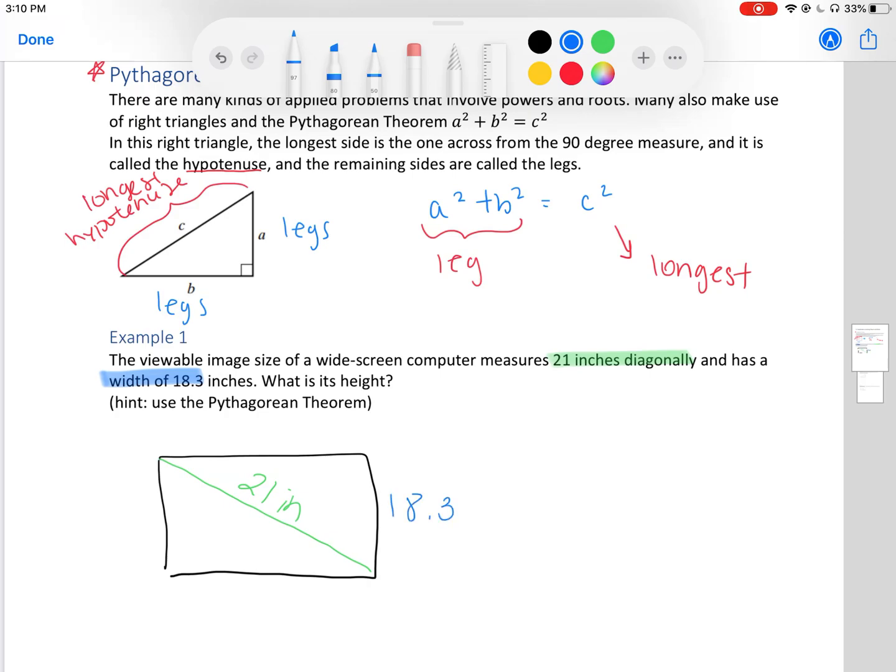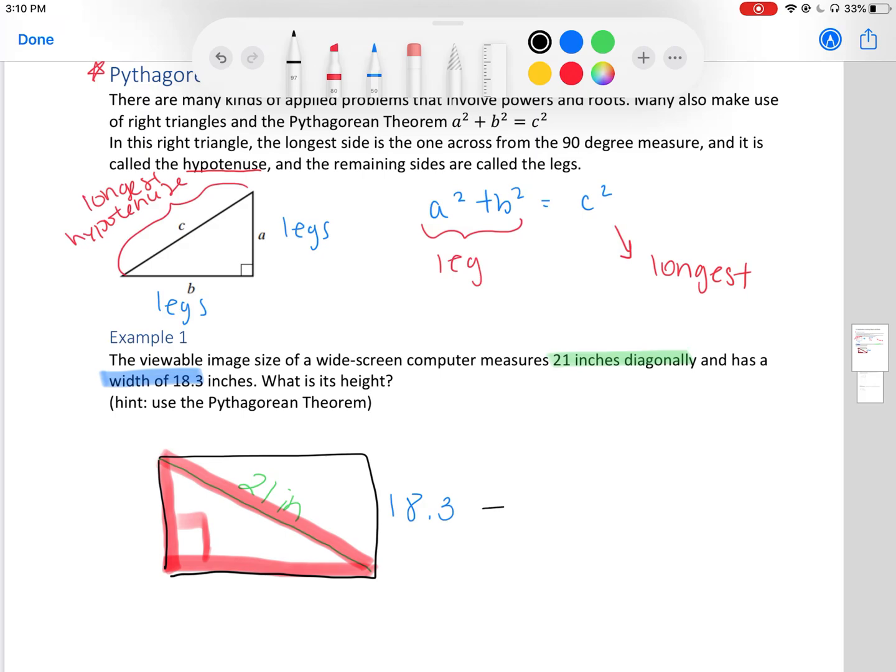Now we're going to use our knowledge of right triangles. It didn't really say that we're working with a right triangle, but for the most part we can safely say that a computer screen is a rectangle with 90-degree corners. So we actually have a triangle.